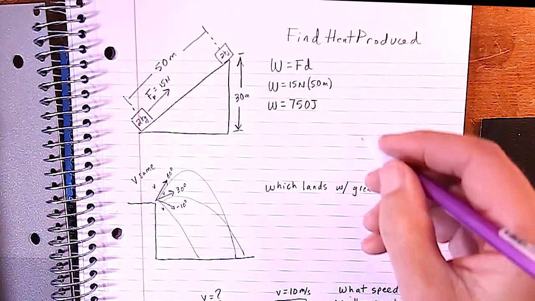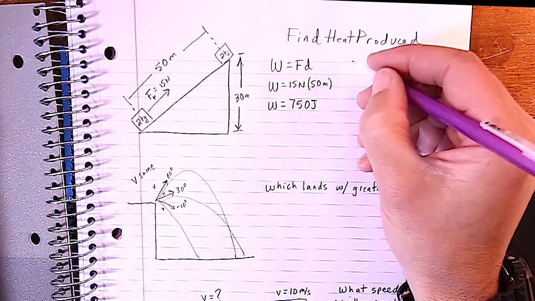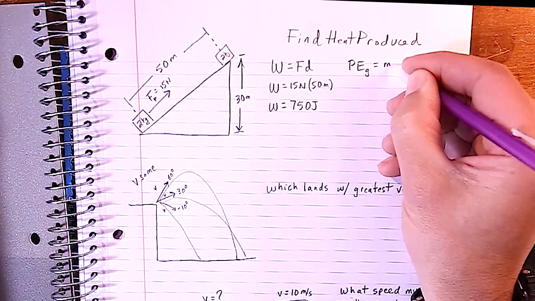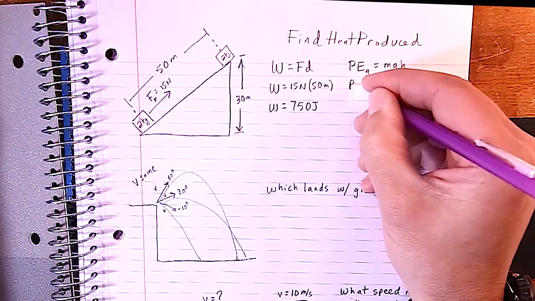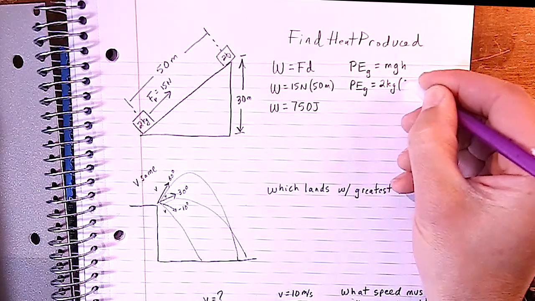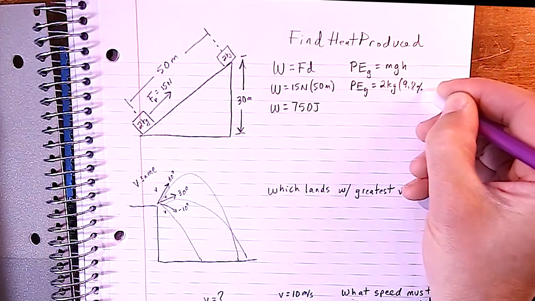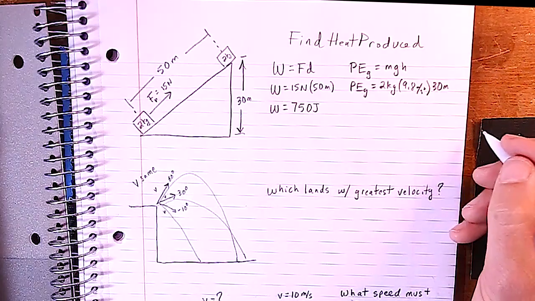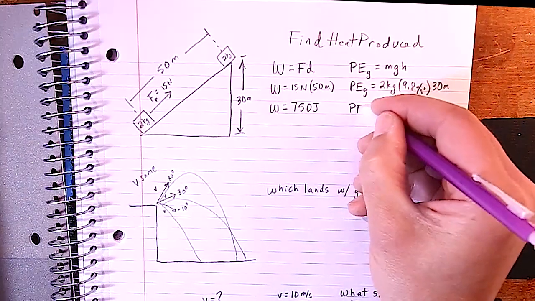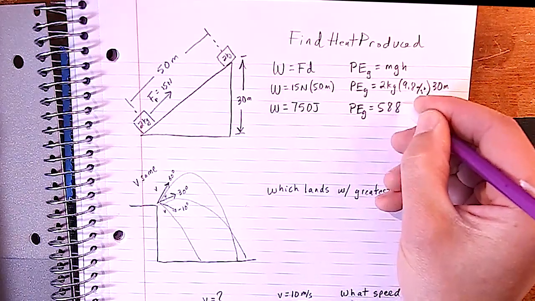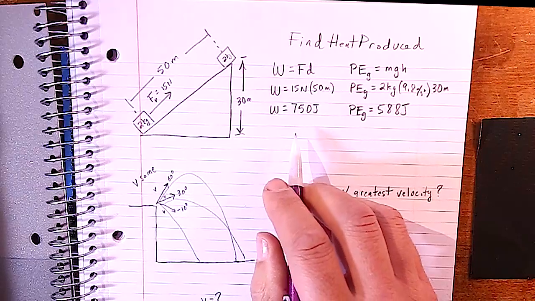But what is the potential energy gain in this case? Well, let's take a look. We'll put the numbers in and see. So we say that it's a 2 kilogram block times 9.8 meters per second squared, and it's risen a height of 30 meters. And when we do the math, we get 588 joules. So how is this possible?